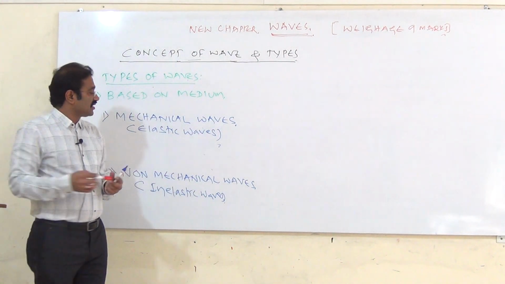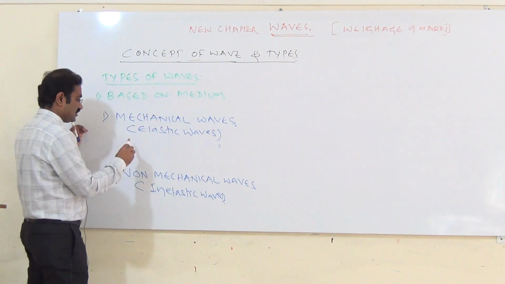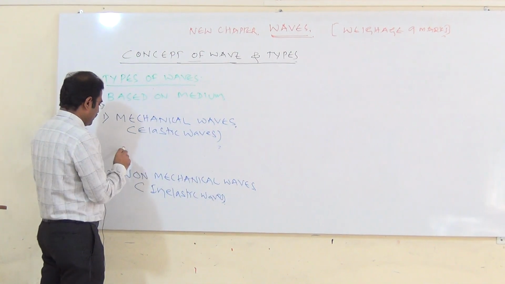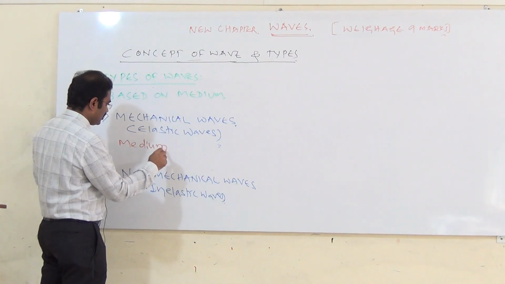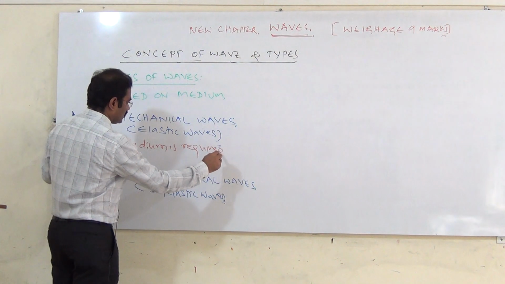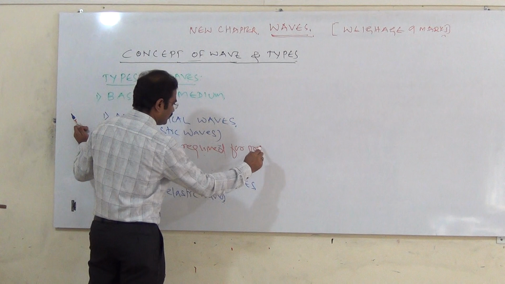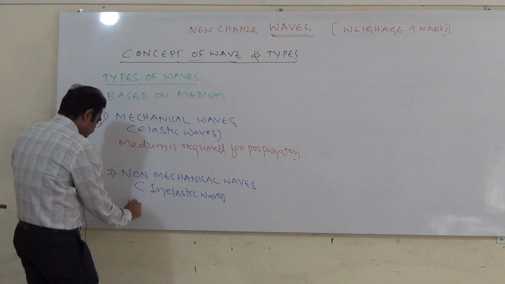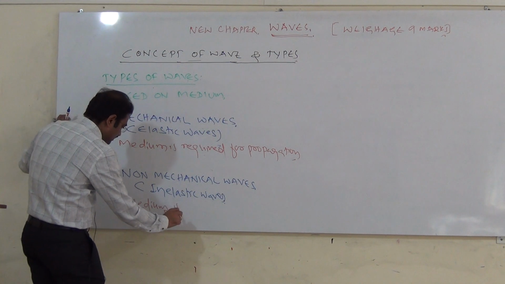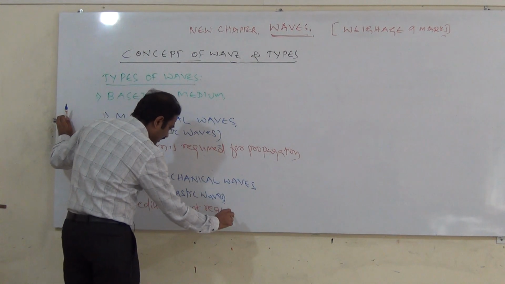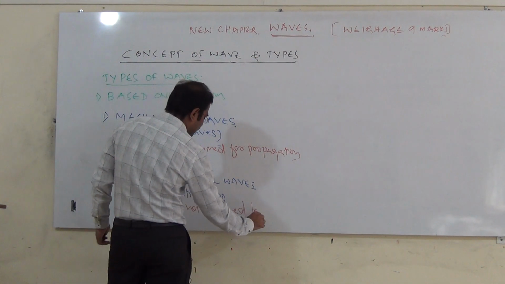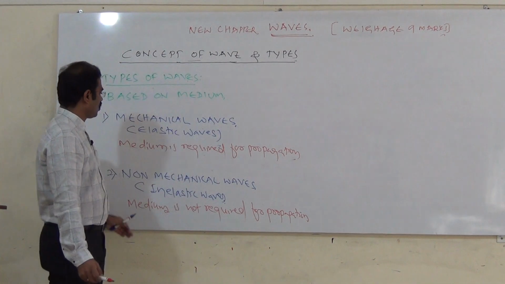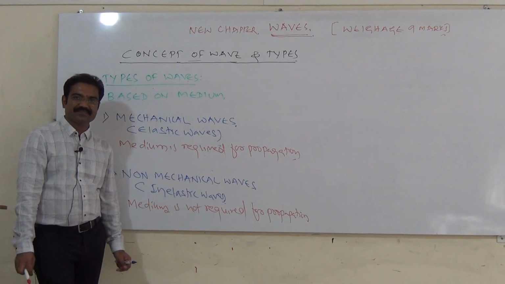If medium is necessary for the propagation, meaning movement, motion, if the medium is required for propagation, then the waves are called mechanical waves. If the medium is not required for their propagation, then they are called non-mechanical waves.